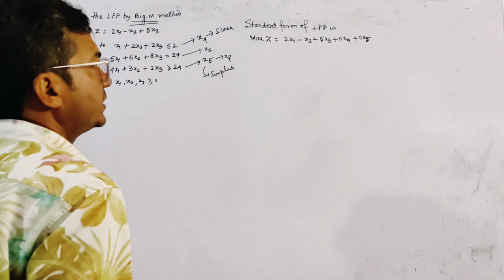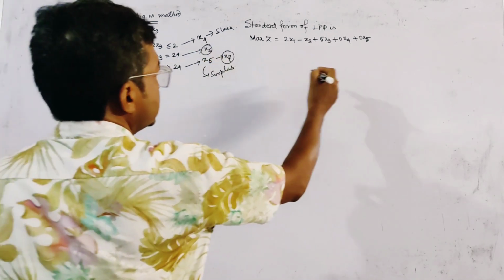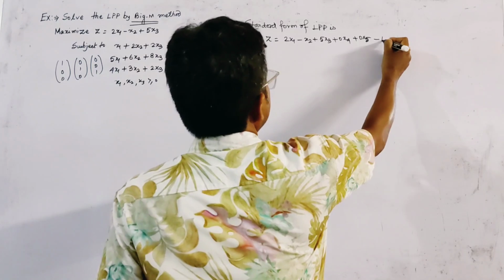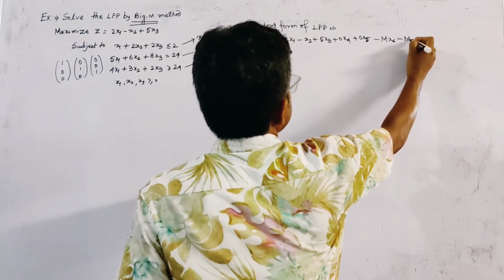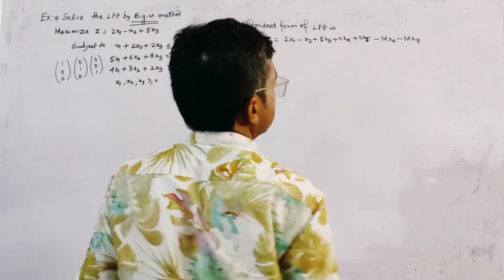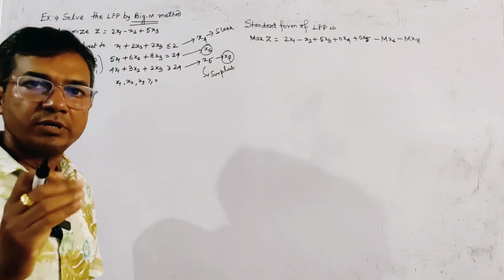Now we add the artificial variables x6 and x7 with the coefficients minus M into x6 and minus M into x7, where M is a large positive number.